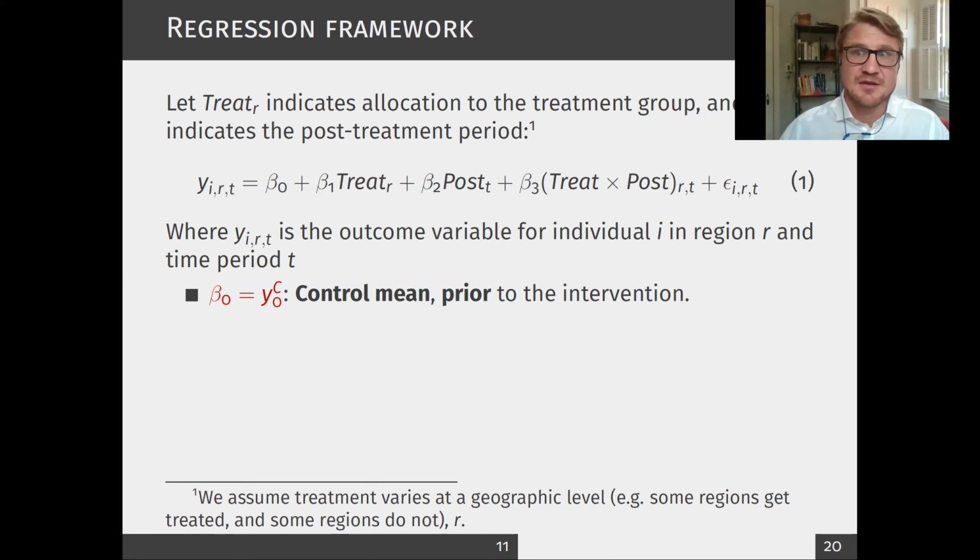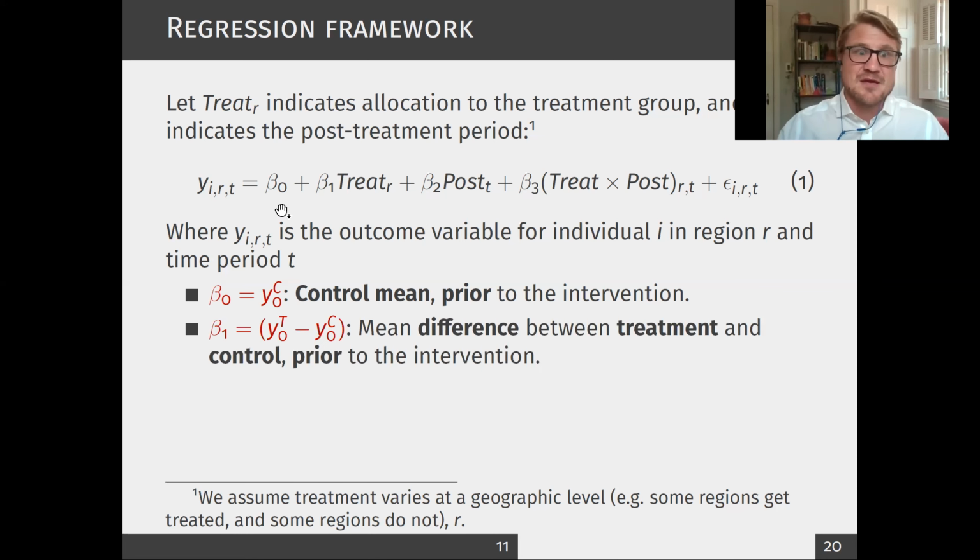And now you will see that we can unpack and extract the difference in difference estimate by just comparing these averages. And we know how these coefficient estimates relate to the averages in treatment versus control and pre versus post. So we know that beta 0 is the mean in the control.